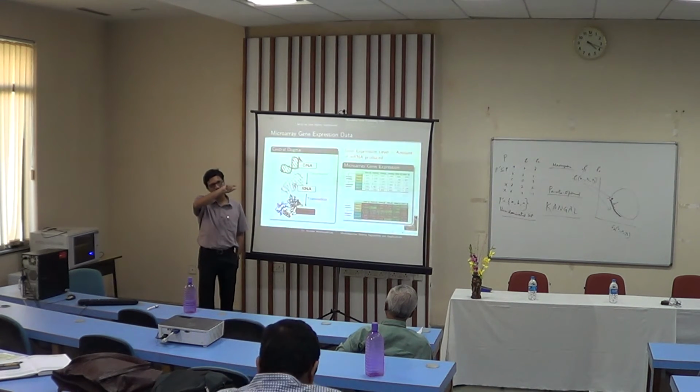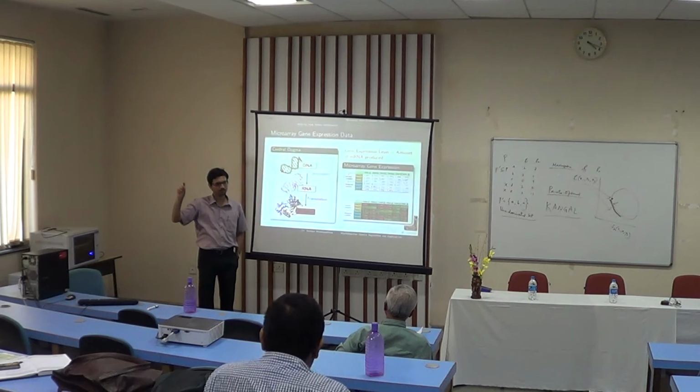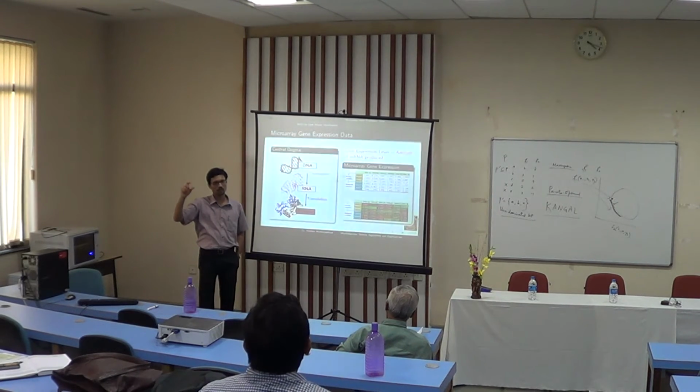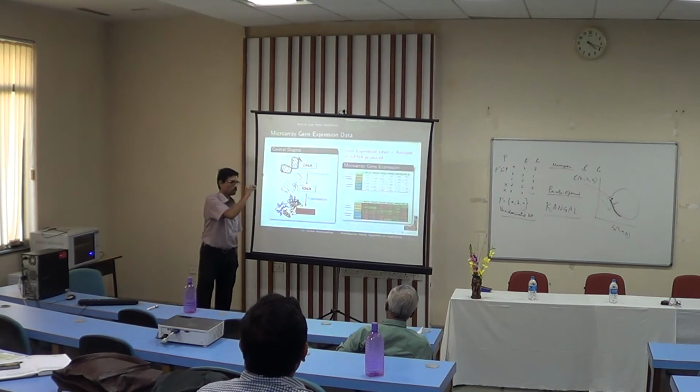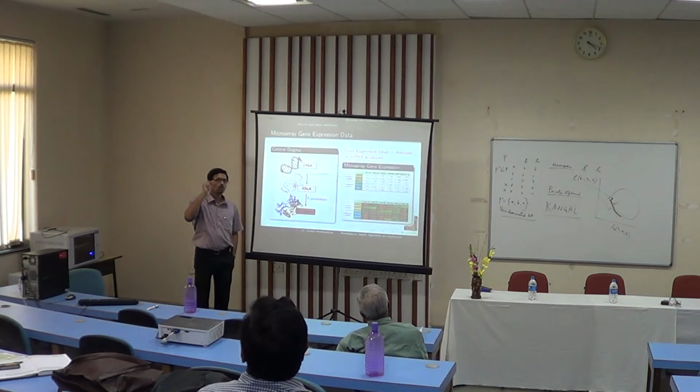So DNA is a string of these ATGCs. Usually it is a double helix, double stranded. I am not going into the details of that, but what I want to say is that in a DNA, not all the parts have information for the cells, but only some parts.